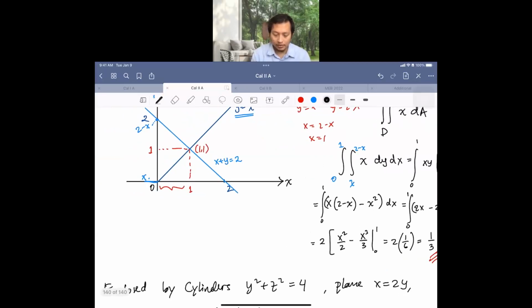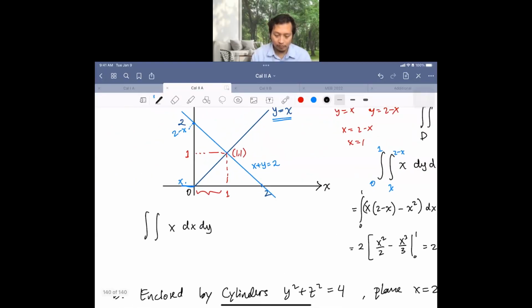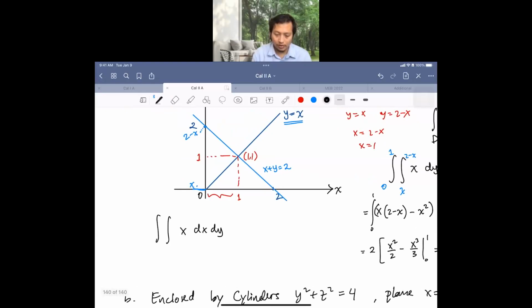Alternative answer, if you stick to dx dy, y will be taking on 0 to 2, and x will be from, it has two sections there.